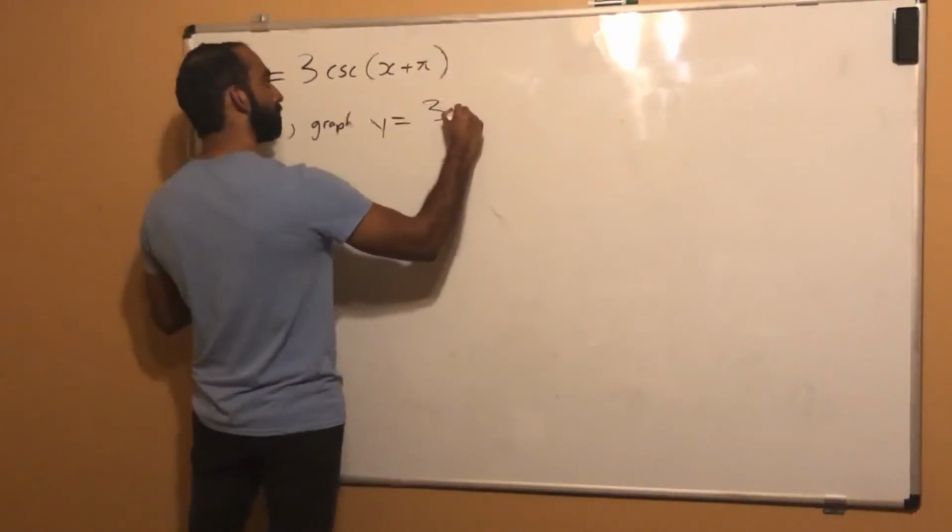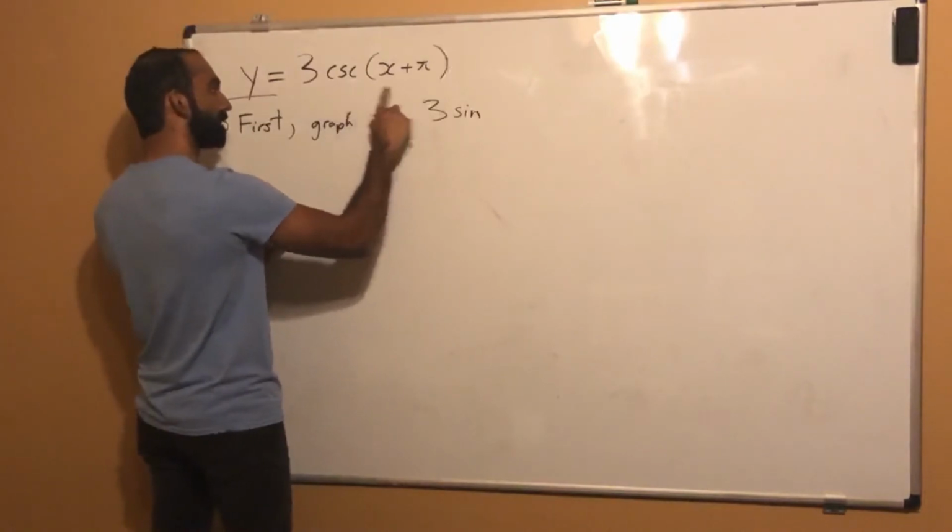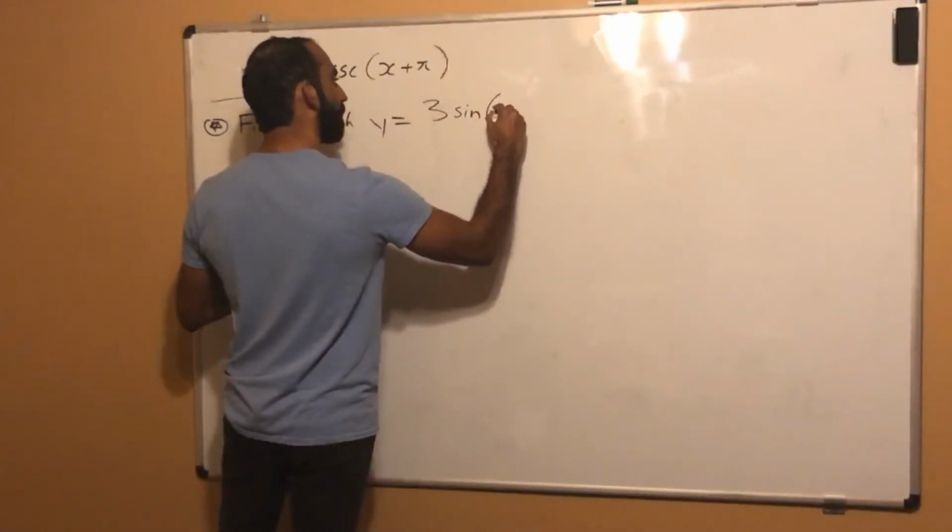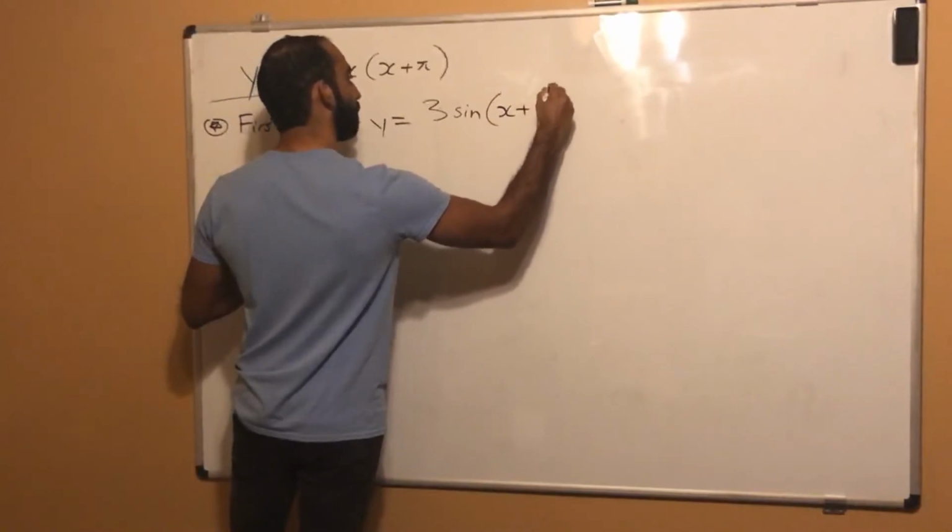Sine of x plus pi. Right, just change the cosecant to a sine. That's 3 times sine of x plus pi.